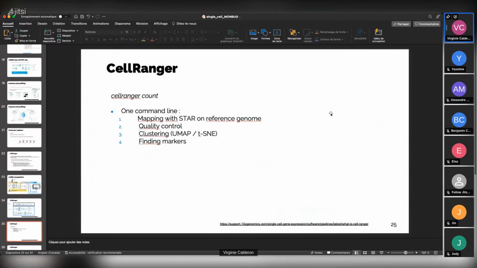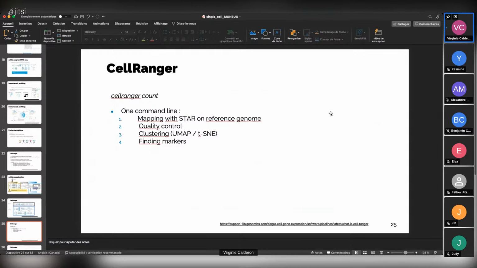Okay. So Cell Ranger is one command line, and for single-cell RNA-seq, it will do all the steps in one command line. It will do the mapping on the reference genome using STAR. So they did not develop anything new. They just use what is available out there for RNA-seq, the STAR software.